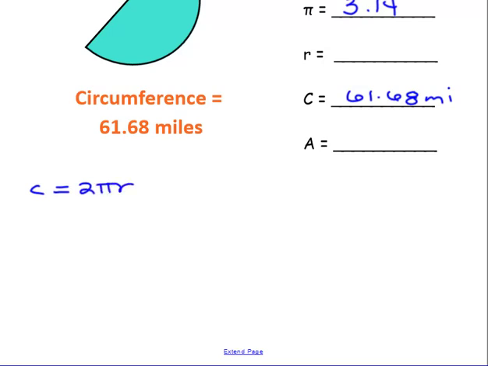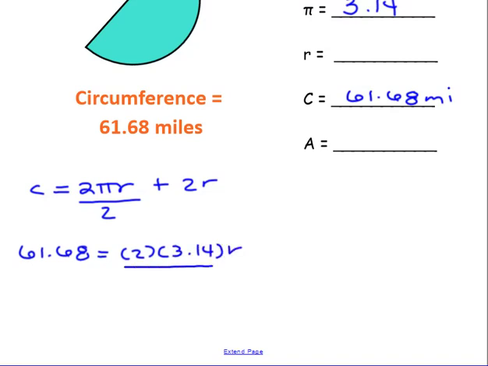It's a half circle, so we're going to divide by 2, and we need to add in the diameter again, so 2 times r. So we have 61.68 equals 2 times 3.14 r, all of that divided by 2, plus 2r.